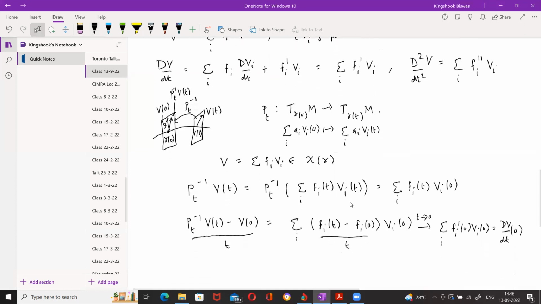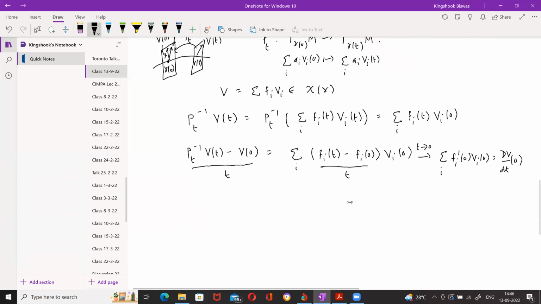So dV/dt at 0, I can write as d/dt at t equal to 0 of PT inverse V_t. That's exactly this limit here. So that means these are equivalent data: d/dt is equivalent to the family of maps PT.